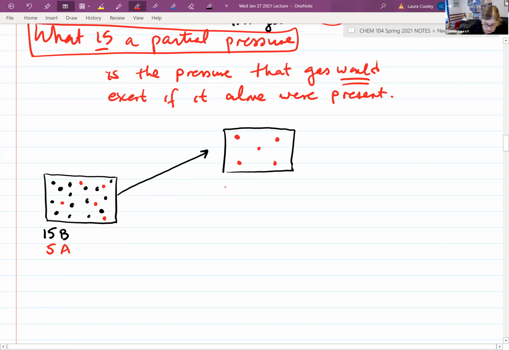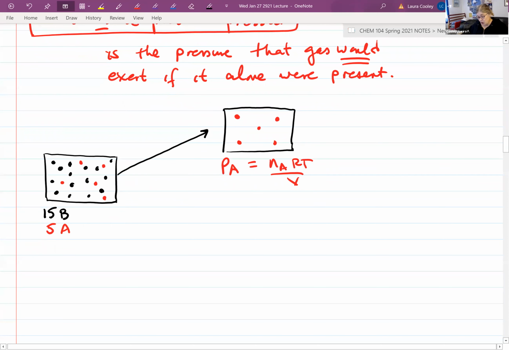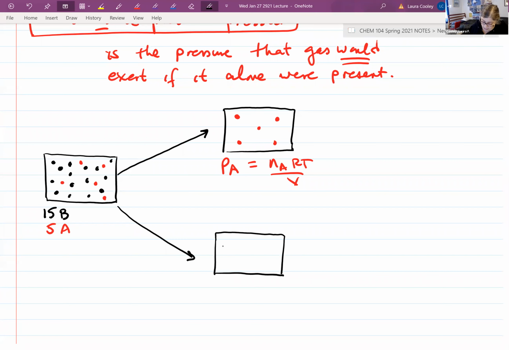This would be the partial pressure of A, which would be nA RT over V. And really, nA is the only moles, so that would be n total here. So it would just be nRT over V, which the ideal gas law tells us would be the total pressure if only A were present. And if you had B, I could do the same thing.